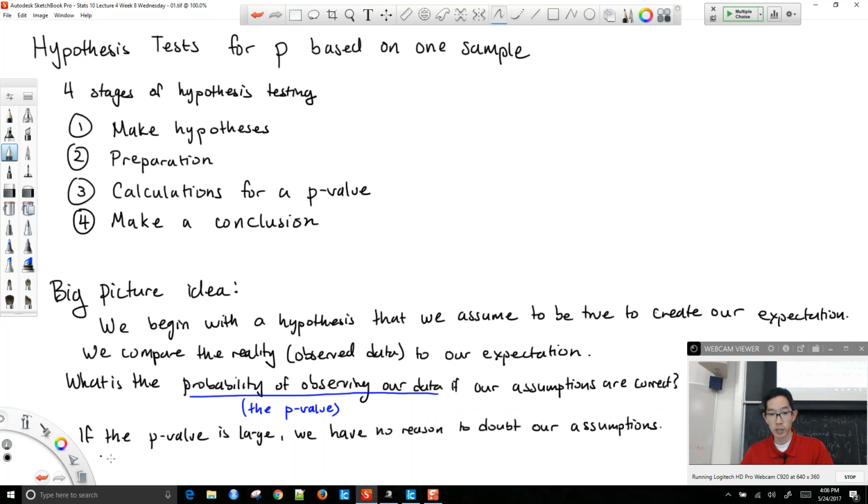And on the other hand, if the p-value is small, this gives us reason to question, or reject the assumption.